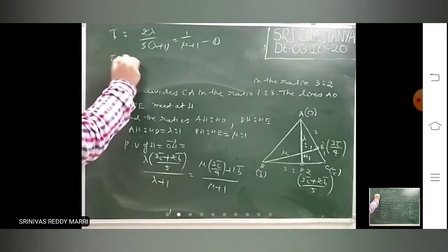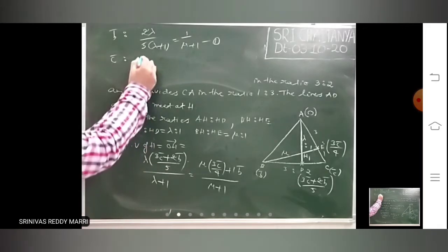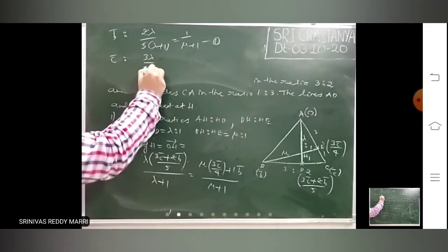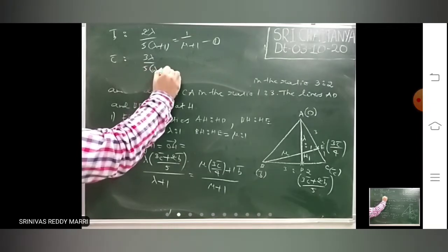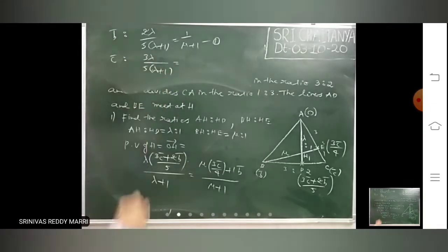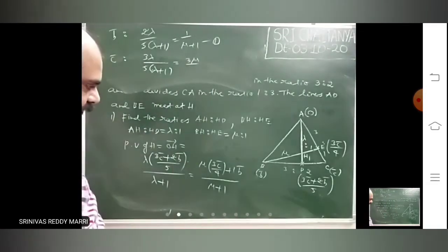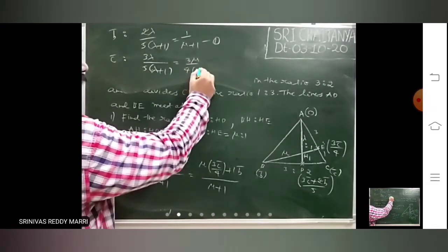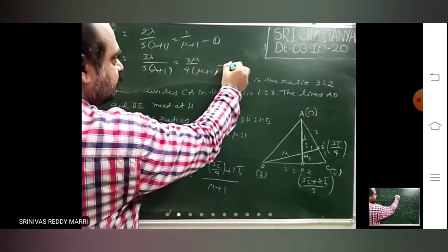And then the C bar coefficients on both sides. The C bar coefficient is 3 lambda by 5 into lambda plus 1 equals 3 mu by 4 into mu plus 1. So this is the second equation.